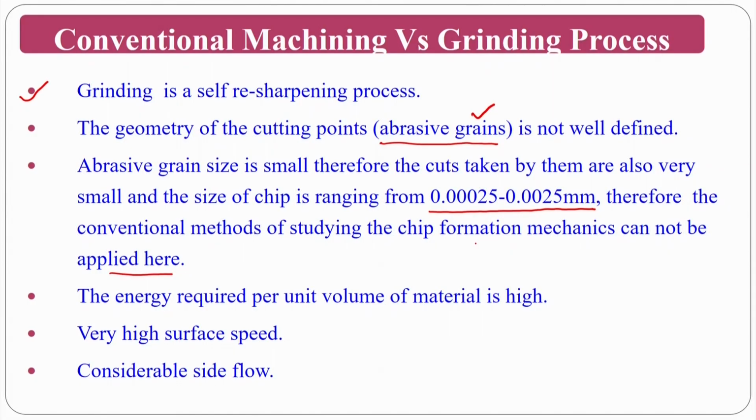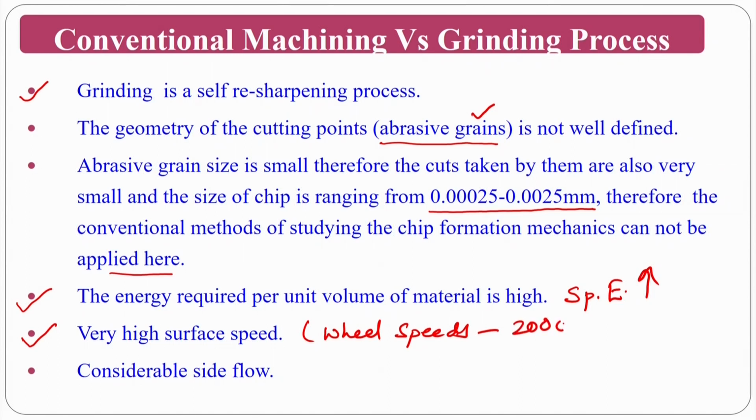In conventional machining like turning, the chip mechanics is slightly different. The energy required per unit volume is very high, that means the specific energy will be very high for the grinding process for the same material removal. Also very high surface speeds, because normally the wheel speeds will be above 1000, normally 2000, 3000.